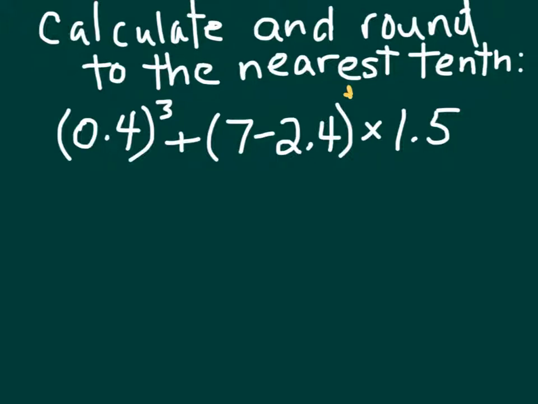We also have some parentheses over here, but with the 0.4, there's really nothing that needs to be simplified within those parentheses. The parentheses are in there just to clarify that the exponent of 3 is going for the whole thing, 0.4, just so that you don't think that the exponent of 3 is only for a whole number 4 or something like that.